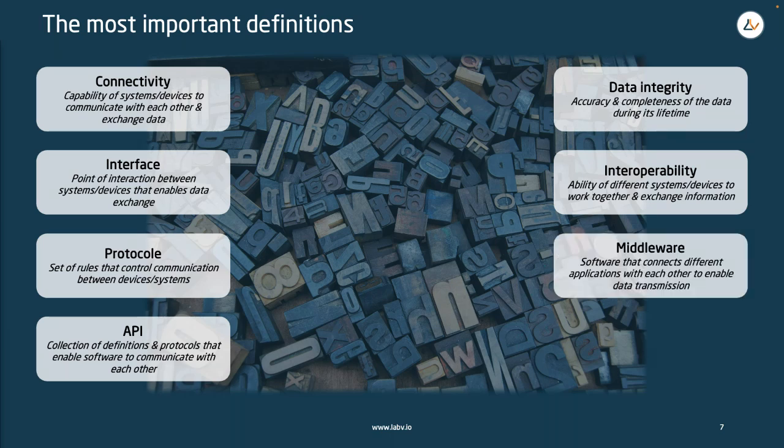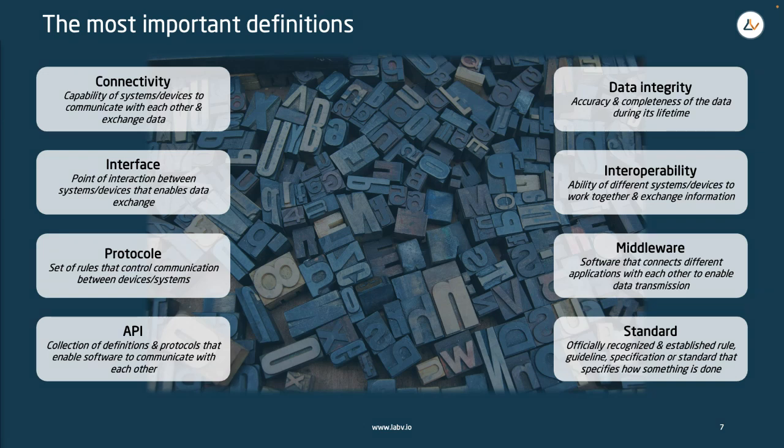A middleware is a software that connects different applications to enable seamless communication and data transfer, which means that the middleware facilitates this integration of devices and systems by harmonizing different protocols and data formats.